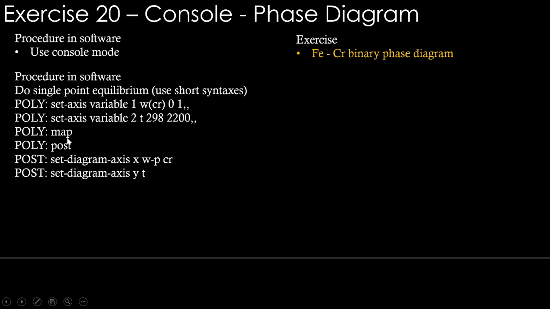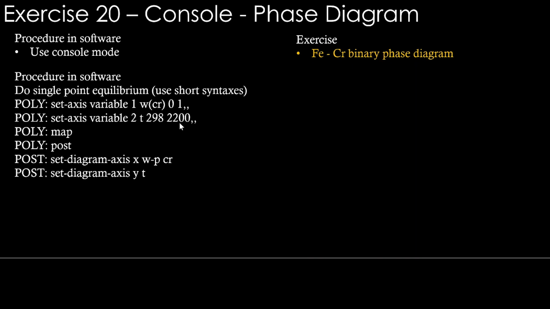So this map is nothing but calculating the equilibrium at different combinations of temperature and composition. What the software basically does is it splits the 0 to 1 into multiple intervals, discrete points of composition, and similarly this temperature interval also is split into equal intervals.